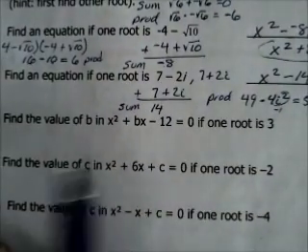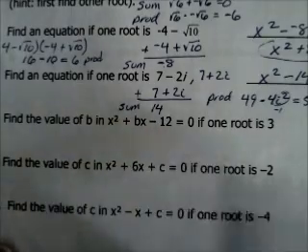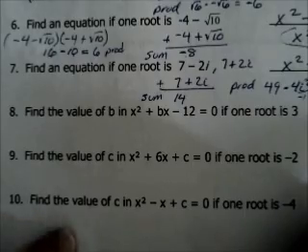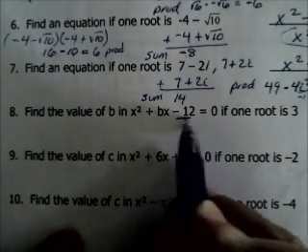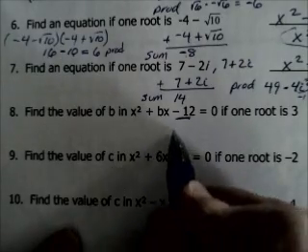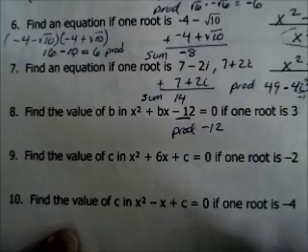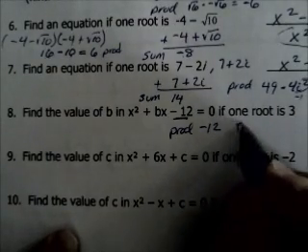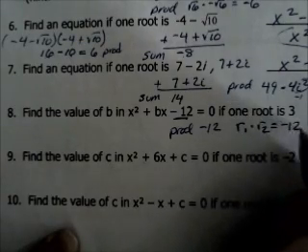It says find the value of b in x squared plus bx minus 12 equals 0 if one root is 3. Okay, well, if one root is 3, this negative 12 here represents the product. So if the product is negative 12, then the product of the roots, root 1 times root 2, has to equal negative 12.